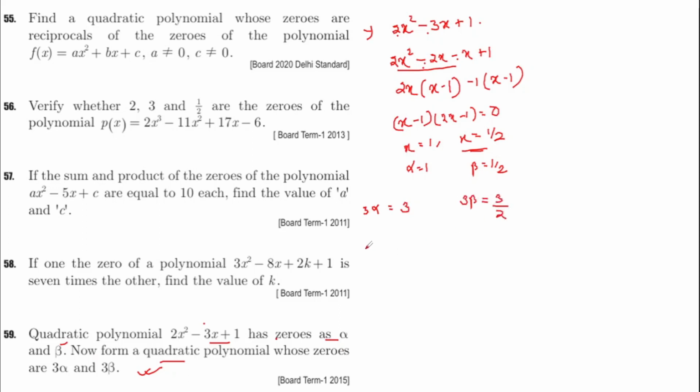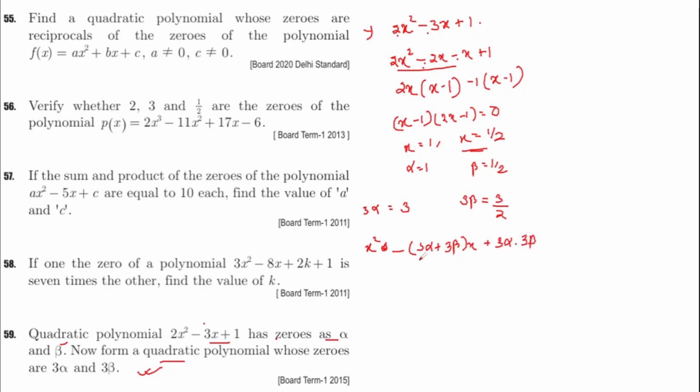Okay, so now the new equation or new polynomial will be x square minus the sum of 3 alpha plus 3 beta times x plus 3 alpha into 3 beta.